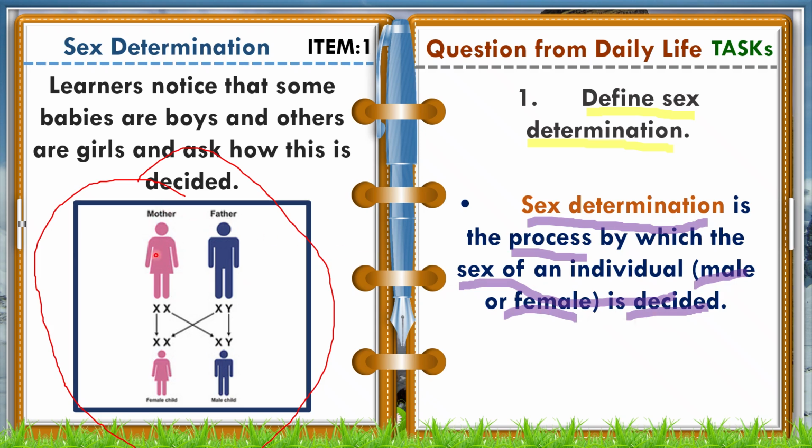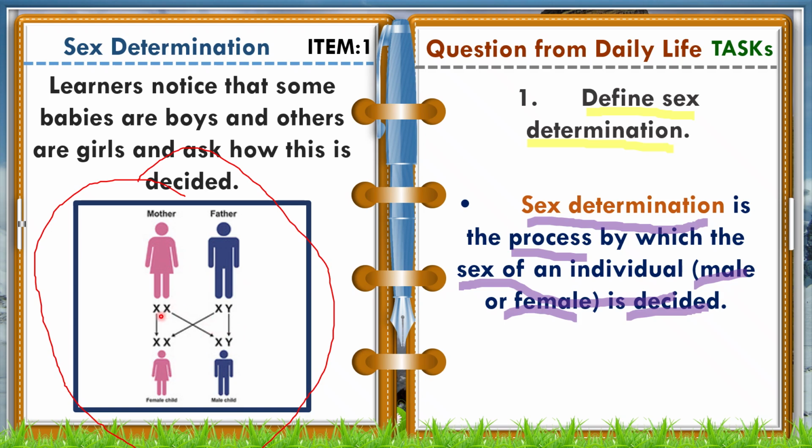For example, when we come here to our diagram, the female parent, the mother, has a genotype of XX, and the father has a genotype of XY.